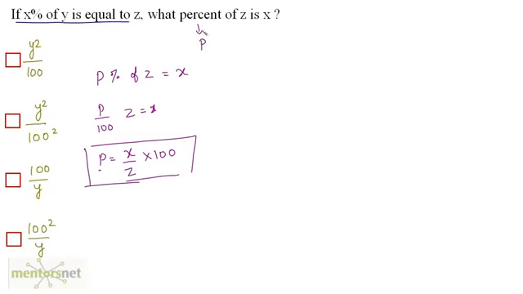X% of Y is equal to Z. So X% of Y, which is X by 100 times Y, is equals to Z, right? So let us calculate X by Z. We can calculate this from this equation. We can move X to the right hand side of equal to, we get Y upon 100 is equals to Z upon X, isn't it? Now we can invert this.